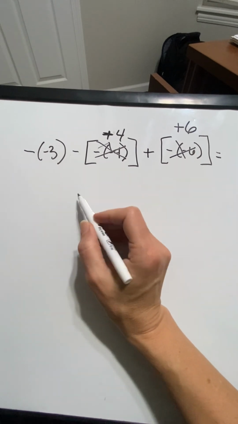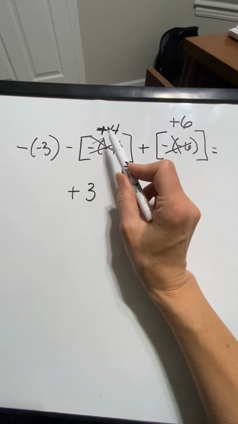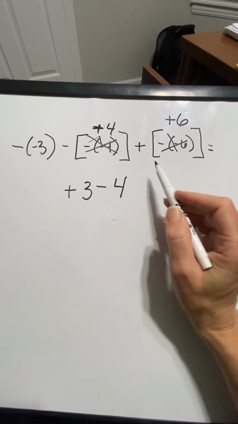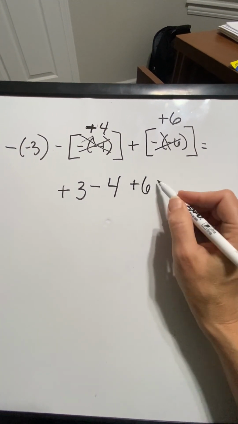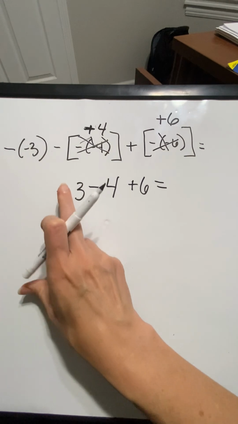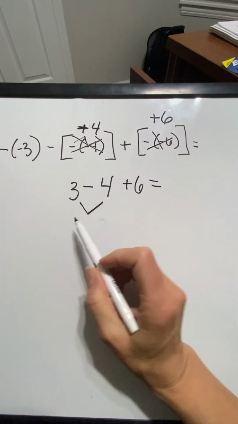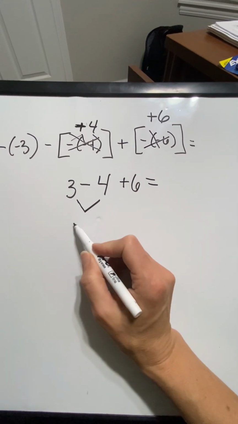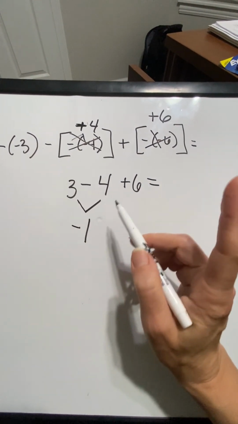Negative, negative 3 is a positive 3. Then we've got a minus and a plus together, so we're going to subtract that. And then we've got a positive and a positive together, so we're going to add that together. Again, I don't need this. I'm going to make it disappear. We've got a 3 minus 4. We've got a positive number and a negative number, so we're going to subtract them. 4 minus 3 is 1.